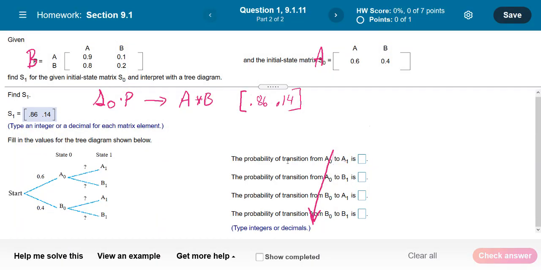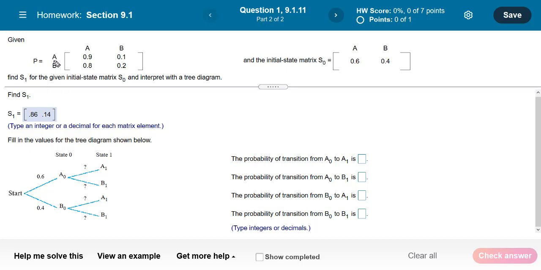In the second part, we are filling in the rest of the tree diagram. This is in the lesson video if you need more help with it. This information is just a duplicate of what we have in the transition matrix.